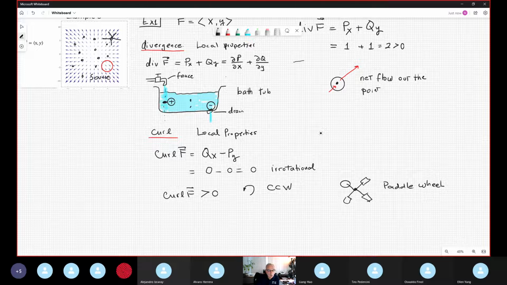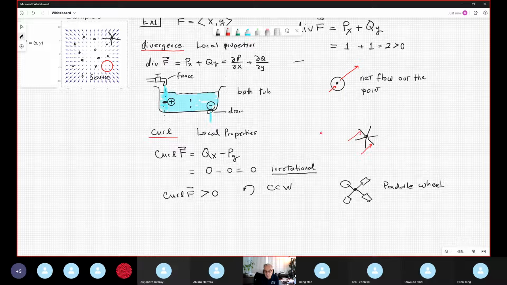So you put this paddle wheel in one specific point in this vector field. And for sure, I guarantee you that this is irrotational. It does not rotate. Why not? Well, suppose that we have 1, 2, 3, 4, 5, 6 paddles. Suppose that the vector field hits in this direction and in this direction.